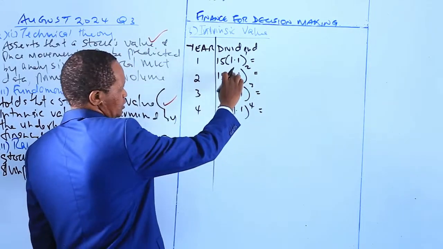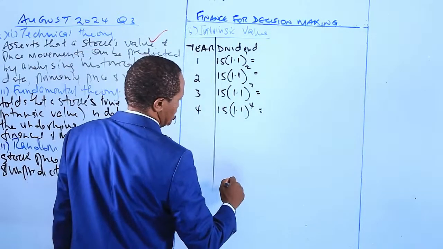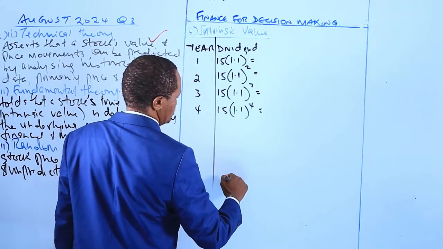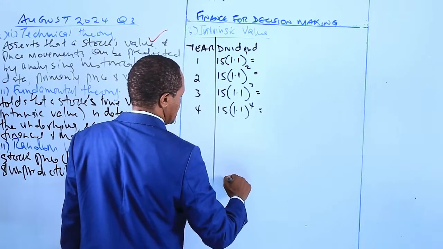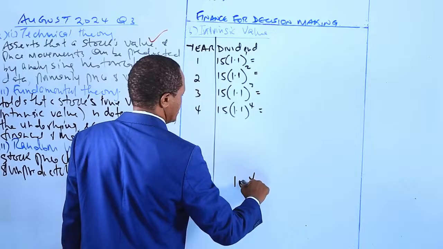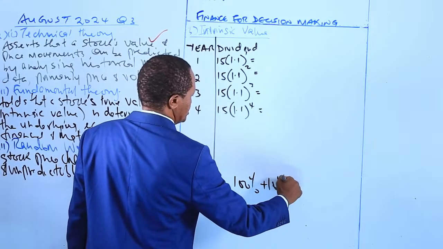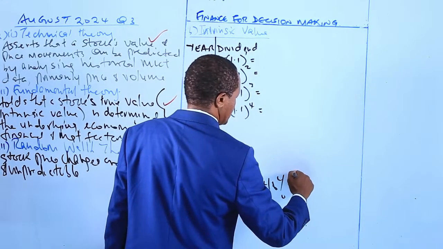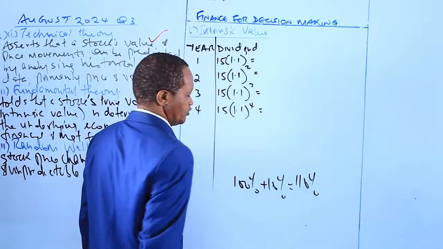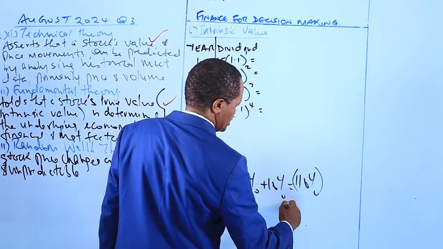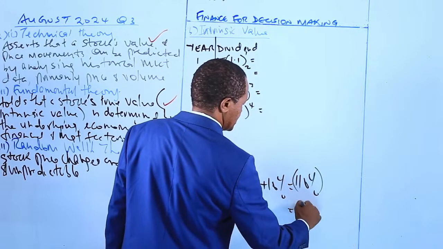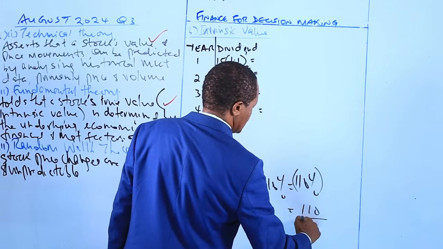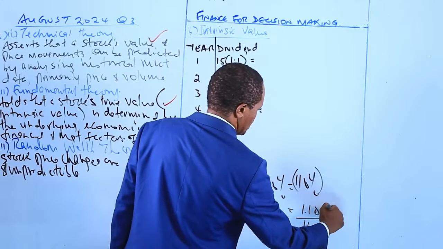So these will be the values of the dividends for the 4 years. We are growing it, 1.1, candidates. It will grow at 10%. That will be 100% plus 10%, which means it will be equal to 110%. If you convert 110% into decimal, it will be 110 over 100, which is equal to 1.1.